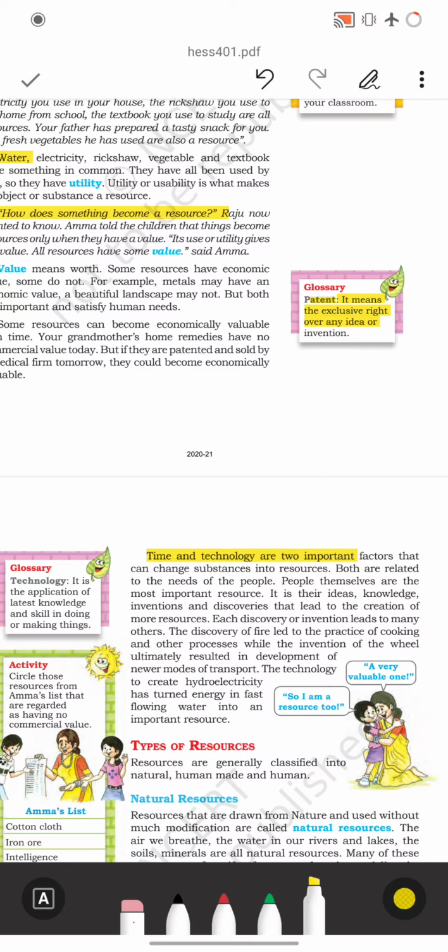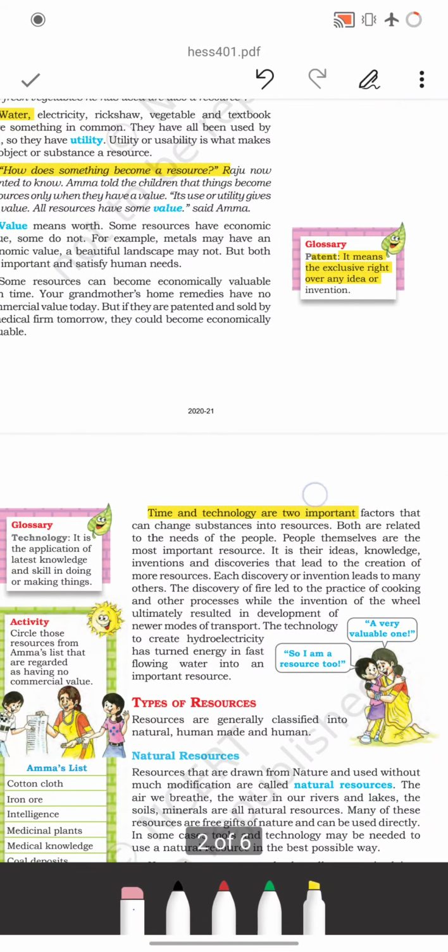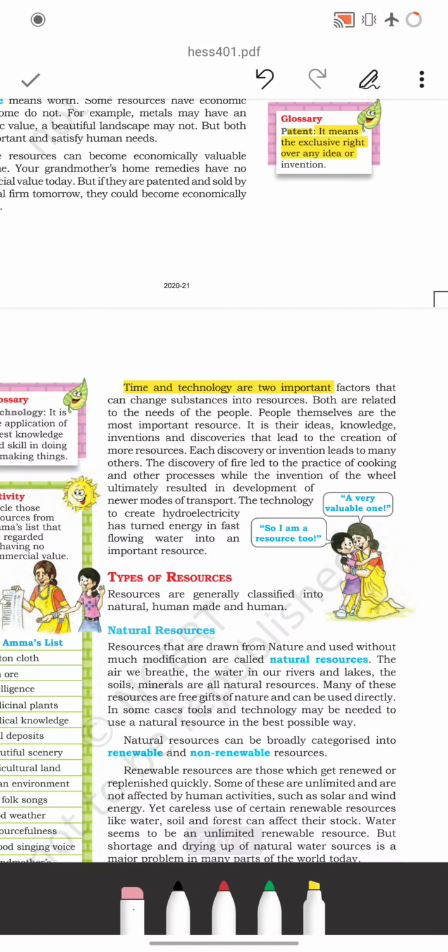The important thing you should know is that we people ourselves are resources. The people, right? People themselves are the most important resource. It is our idea, knowledge, invention and discoveries that led to the creation of more resources.